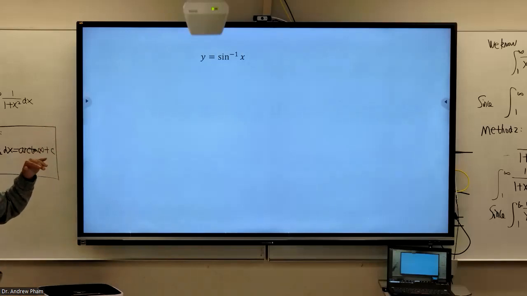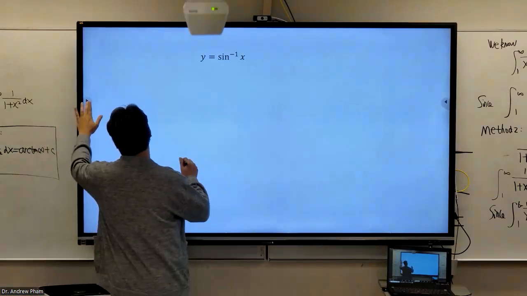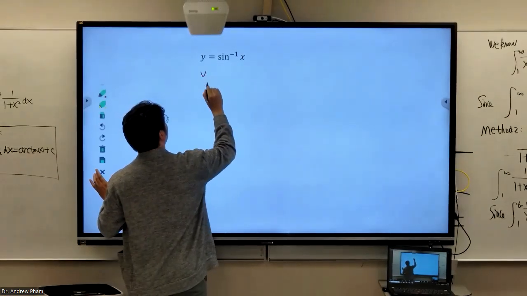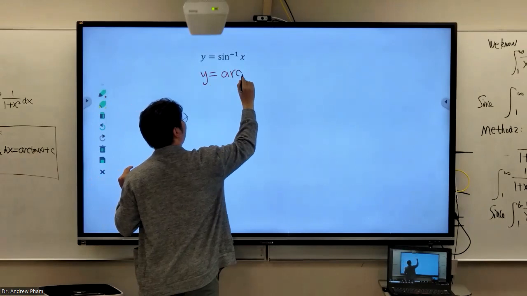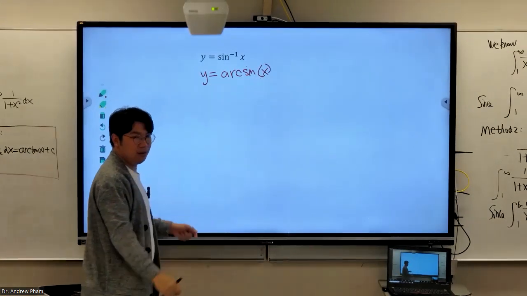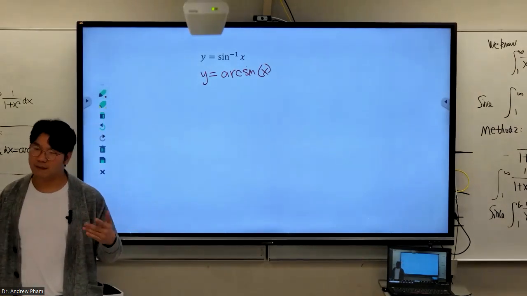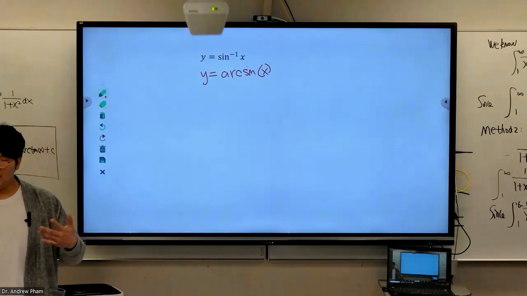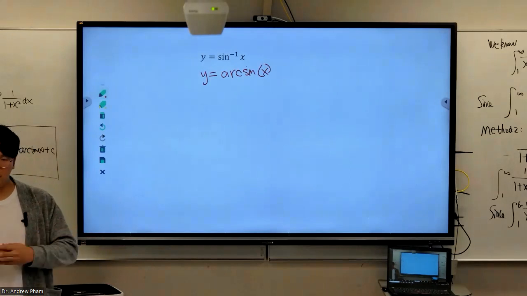So what I have here is actually the inverse sine function. Or in other words, you might have seen it written like this: y is equal to arcsine of x. In other words, the opposite operation of a sine, kind of like multiplication and division are opposites, addition and subtraction are opposites.